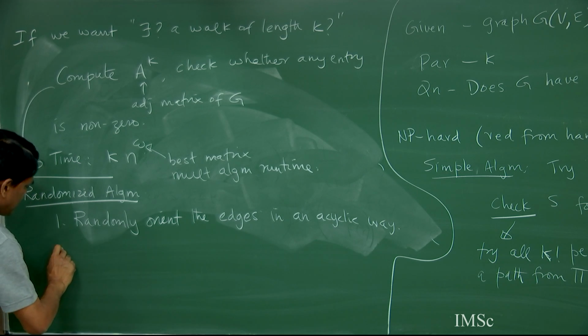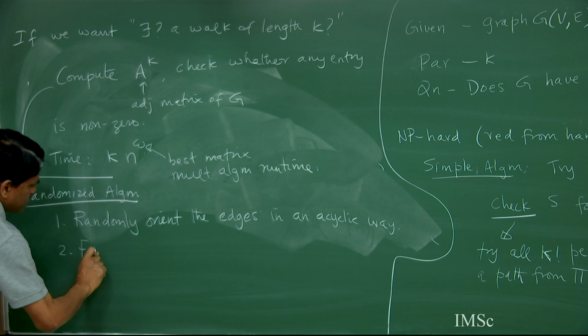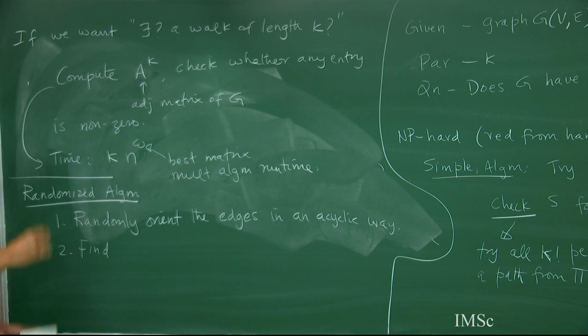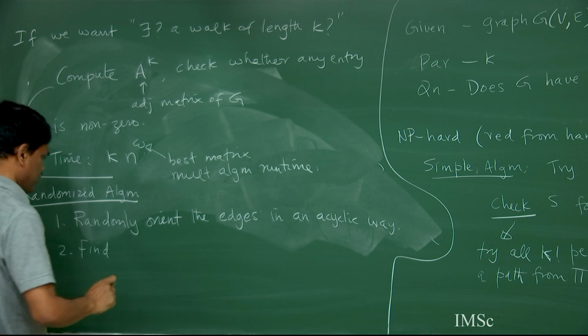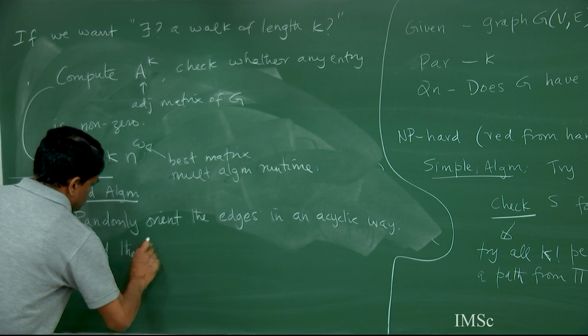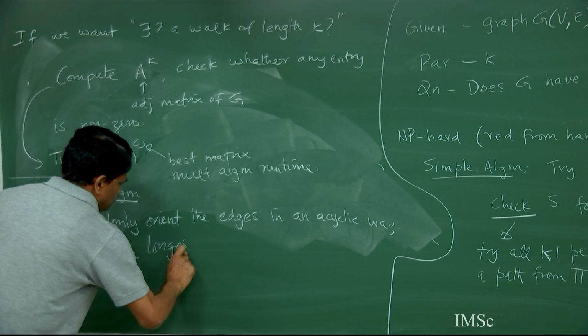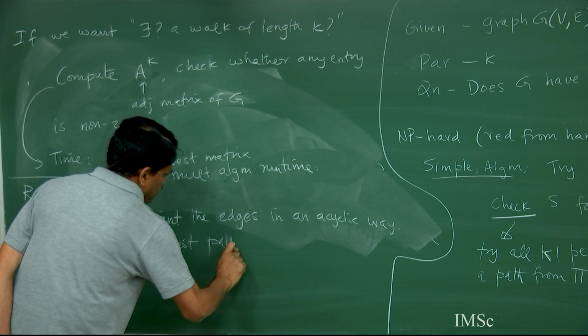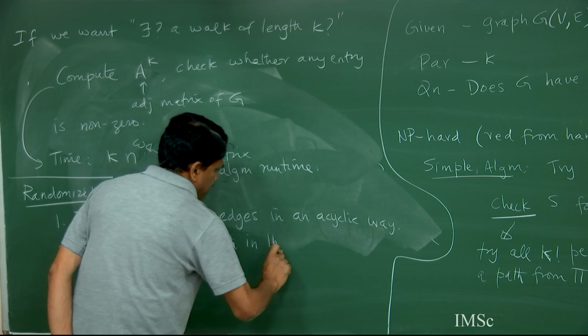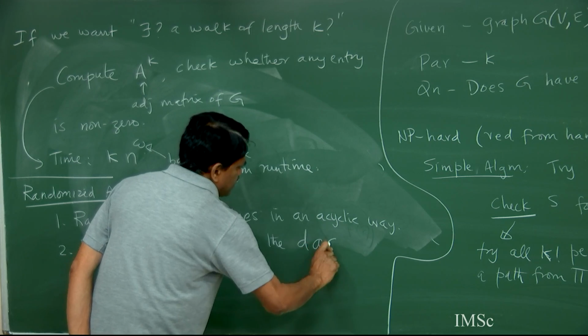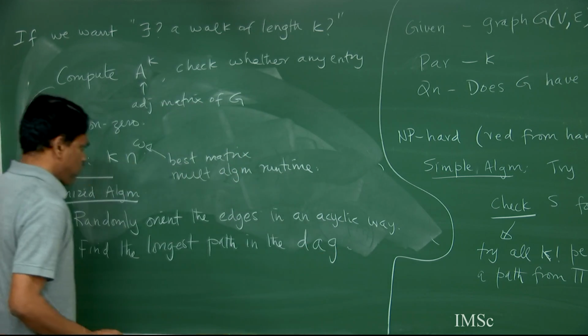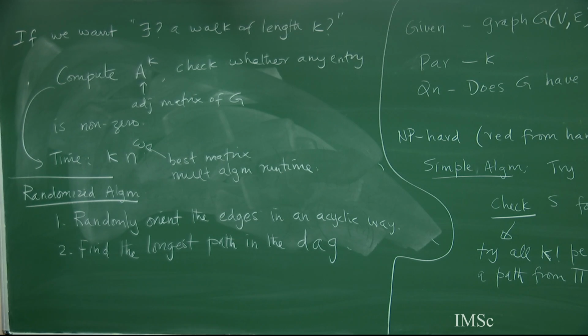Now in an acyclic graph, you can find the longest path. You can find a path of length k, all of it you can do, in the directed acyclic graph, right? How do I find the longest path in a directed acyclic graph?